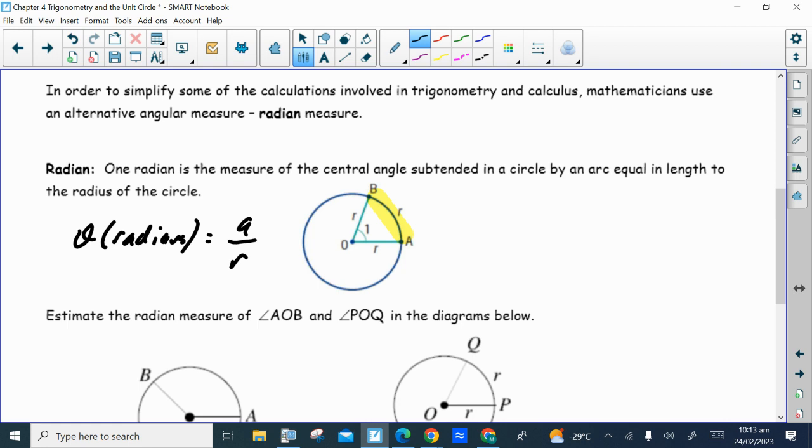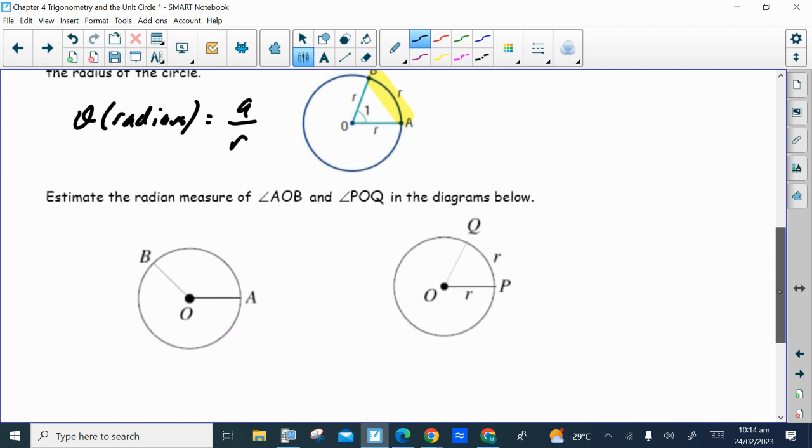The measure of the central angle theta in radians can be found by taking the length of the arc and dividing by the radius. Now, they would need to be in the same units, maybe both in centimeters, maybe both in meters, whatever the case is, right? But that's how we find the measure of the central angle in radians. It's the ratio of the arc length divided by the radius. And again, this is on your formula sheet, so you don't have to memorize it.